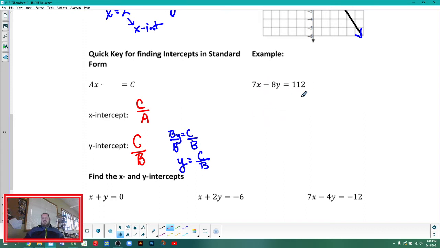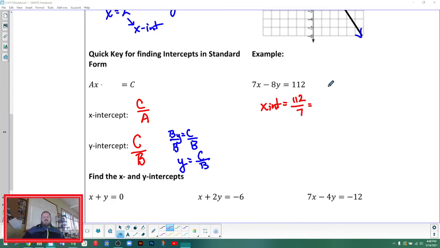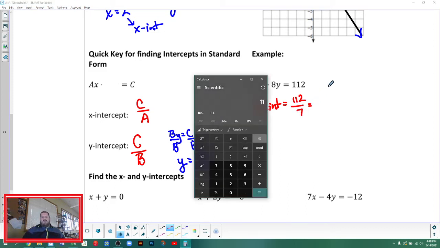So if I'm doing this problem here, my x-intercept is always going to be 112 over 7. Now I need to know what that is. It's 16.